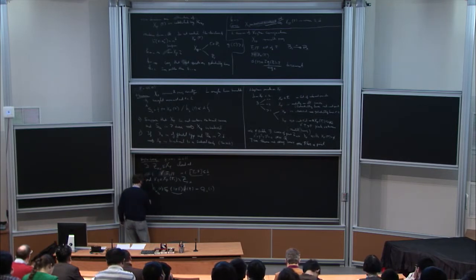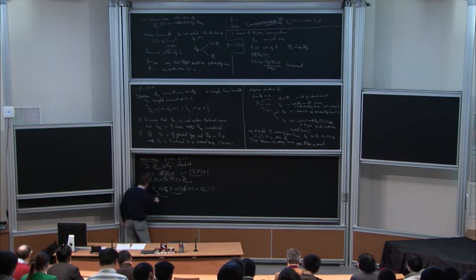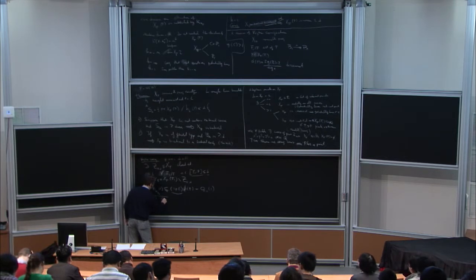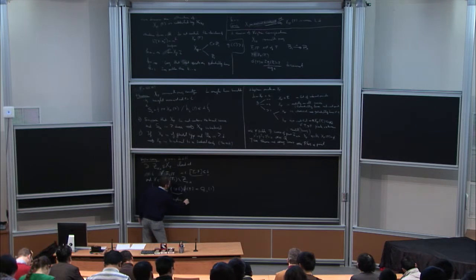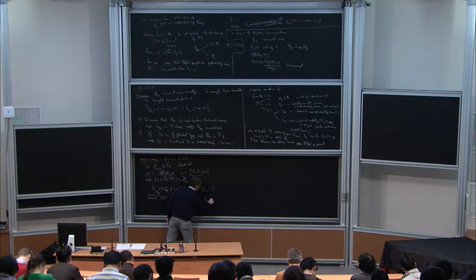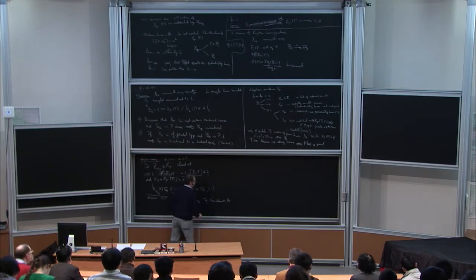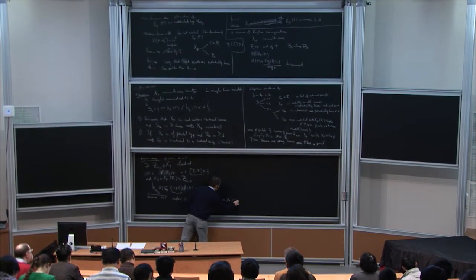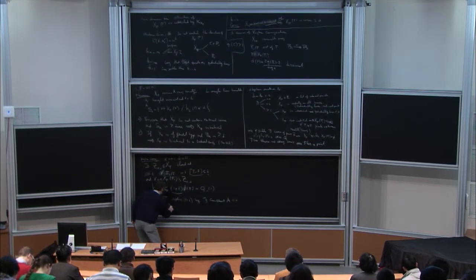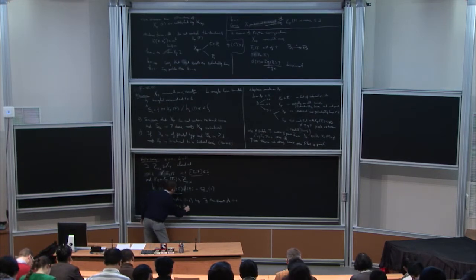I will call it the weak Vojta conjecture: replace 1 plus epsilon by there exists a constant A such that the height with respect to K_X of p is less or equal than A d of p plus O of 1.